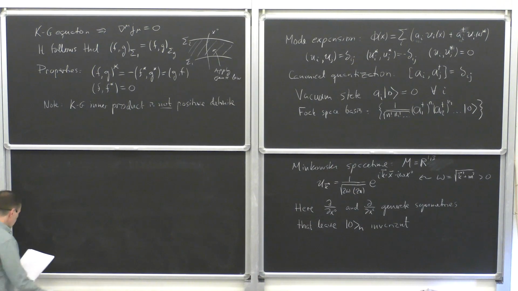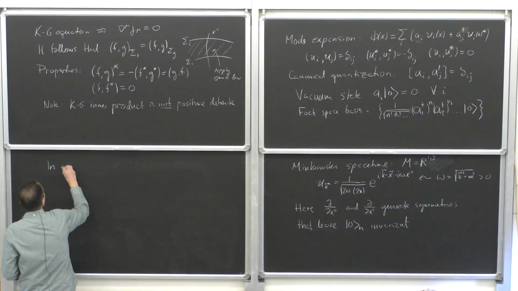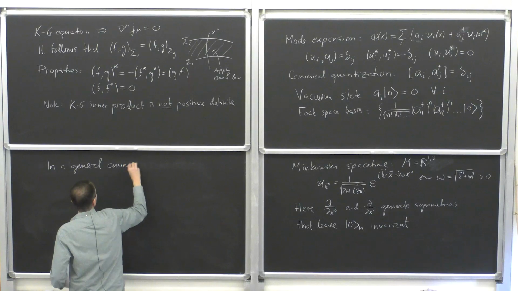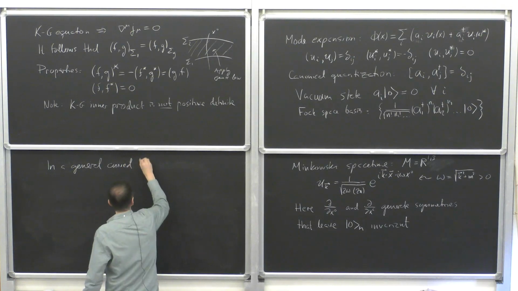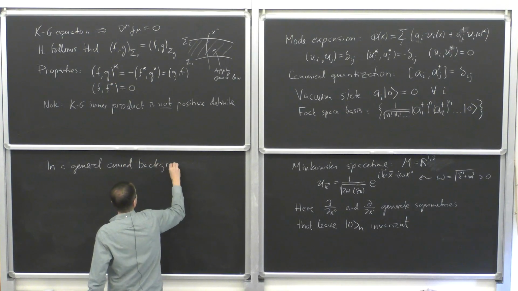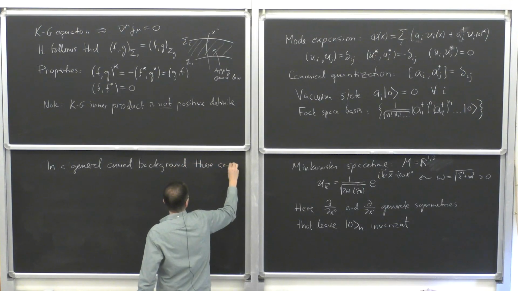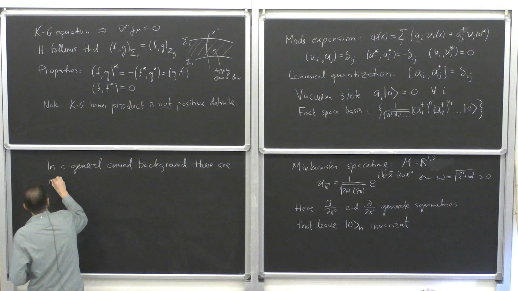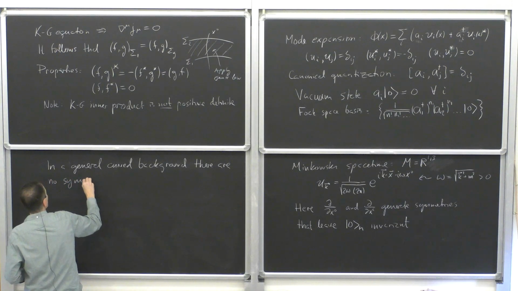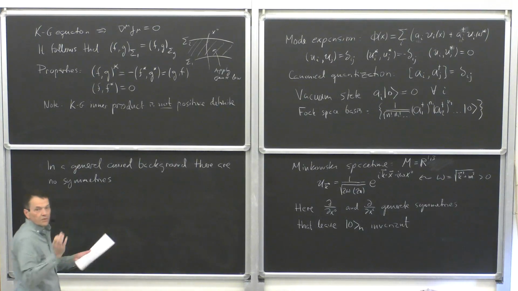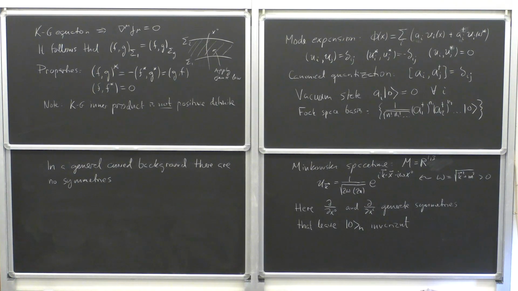So if we have a curved background, there are no symmetries. Now, of course, we're going to assume that we will continue to have spherical symmetry in our case, but in general that's not going to be the case.